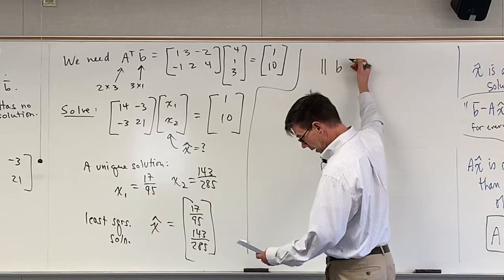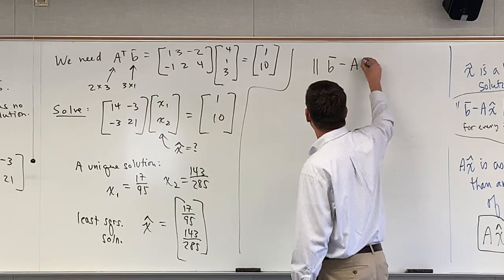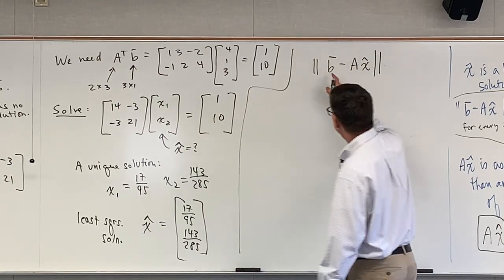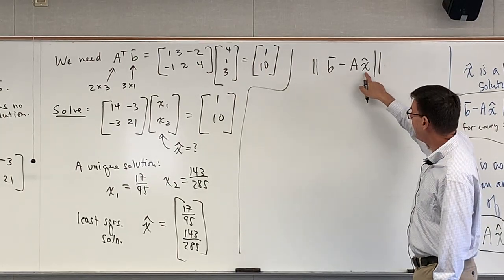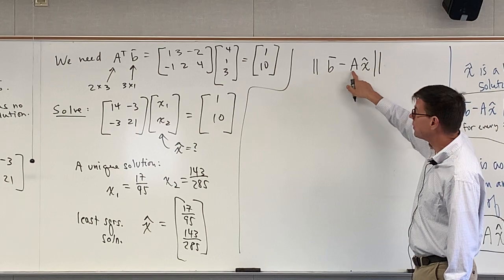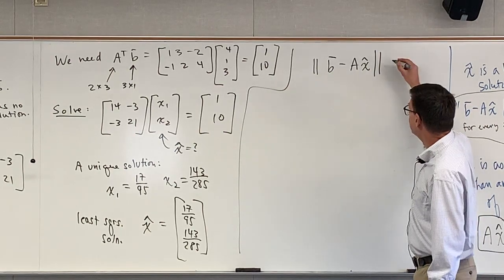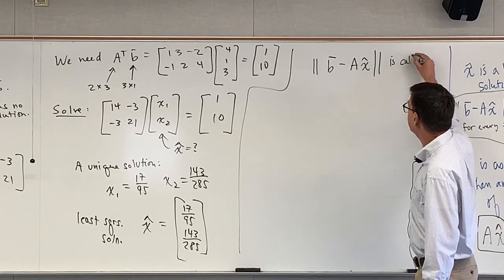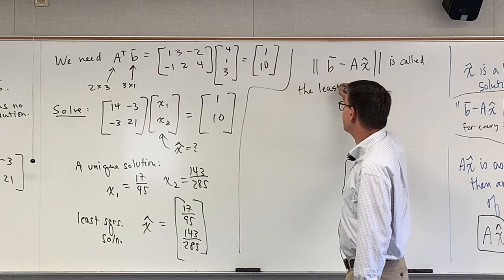Back on the handout, there's a little bit more. The length of B minus AX hat, so these are all constants, right? B is given in the original problem. X hat is part of our answer. This is the original matrix A. The magnitude of this is called the least squares error.